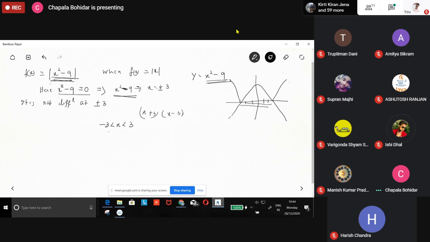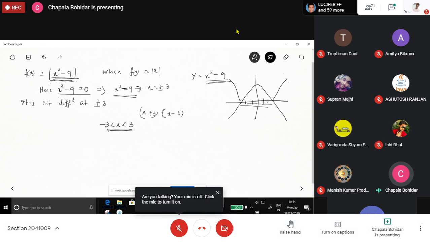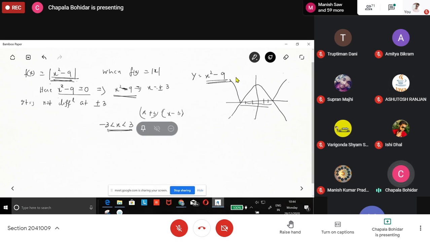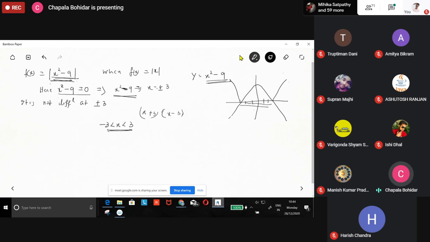So when I am considering all the values in between minus 3 and 3, our functional value, x square minus 9, is negative or positive?